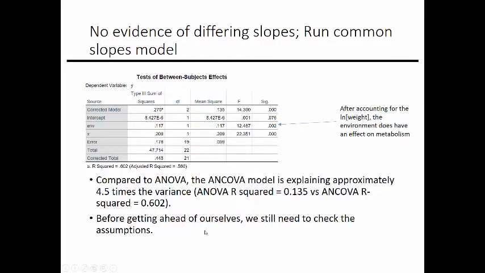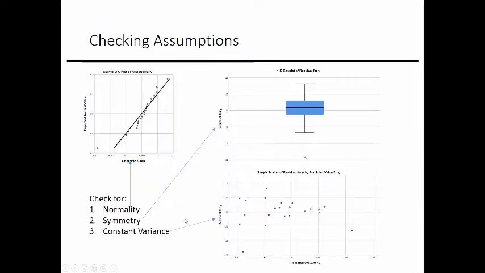But before we get ahead of ourselves, we need to check our assumptions as always. When we check our assumptions, we see that we still have this one data point that's a little bit squirrely, and it's now pushing my dots down below my line for normality. Is that a huge departure? We can argue that, but we still see some issue. So normality might be a little suspect. The symmetry of our residuals looks pretty good.